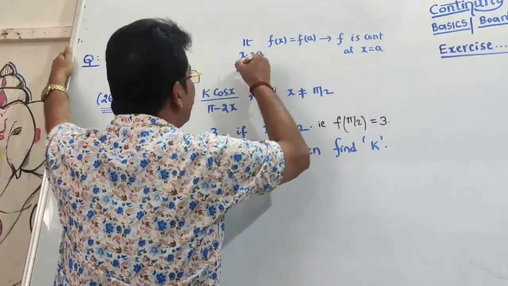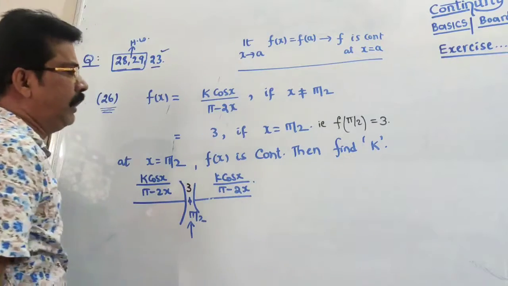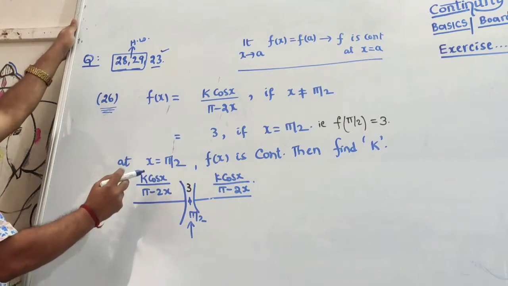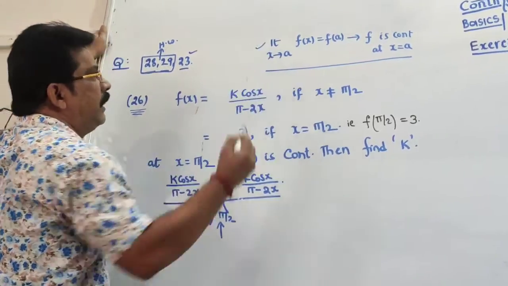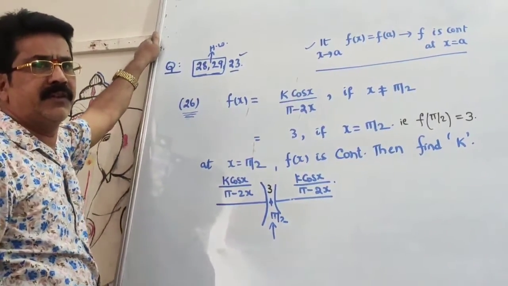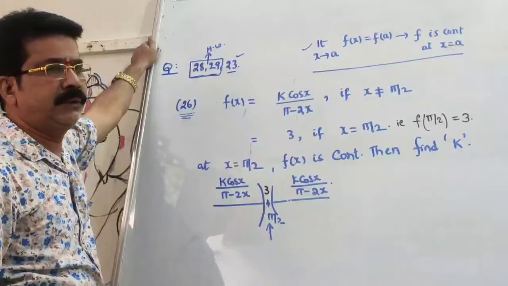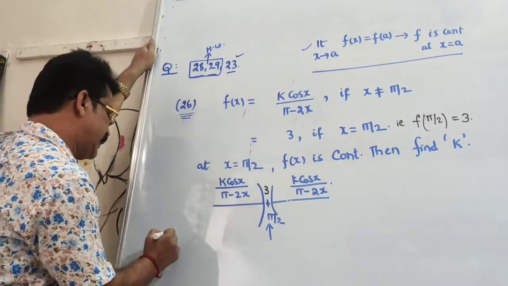It is called the first definition. Because f of x is not a discrete function, we are going to the first definition, limit x tends to a, f of x equal to f of a. Now the solution.